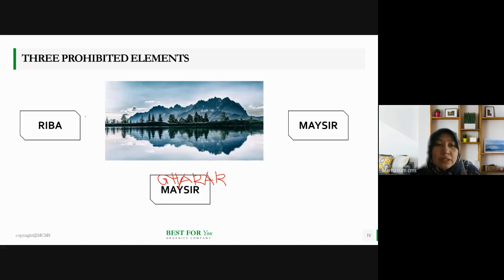Just now, from the bank perspective, I explained riba for financing, because we have two types of riba: riba an-nasi'ah and riba al-fard. Riba an-nasi'ah relates to financing, and riba al-fard relates to trading, buying and selling.